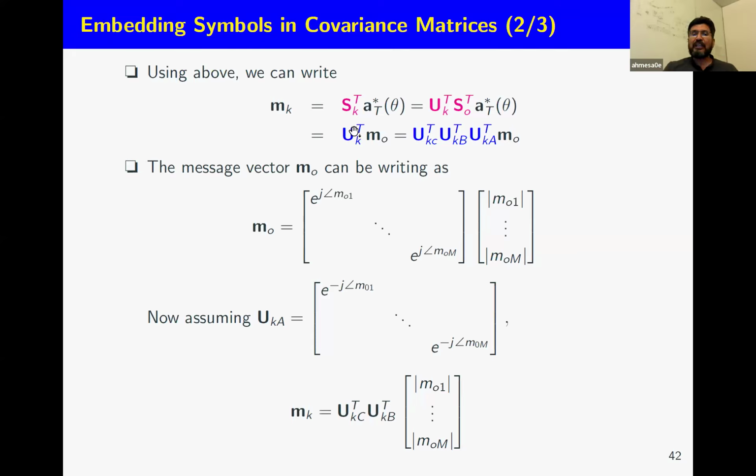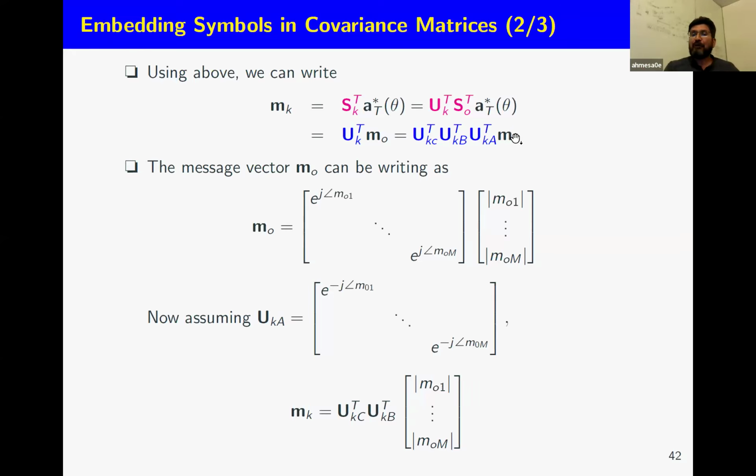So here I assume that I'm splitting U_k into 3 unitary matrices: U_kA, U_kB, U_kC. I want to find the values of U_kA, U_kB, U_kC in a way that on the right-hand side I receive m_k.